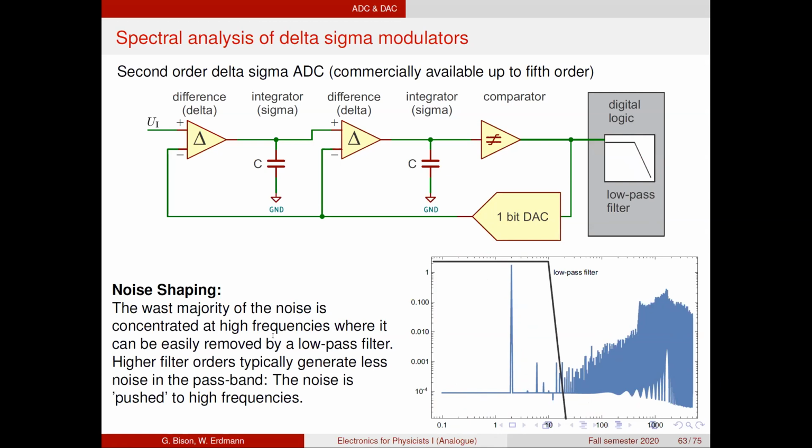And this is the art of calculating delta sigma ADCs: to shift as much of the noise into high frequencies and to make the signal inside the pass band of the low pass filter as clean as possible.